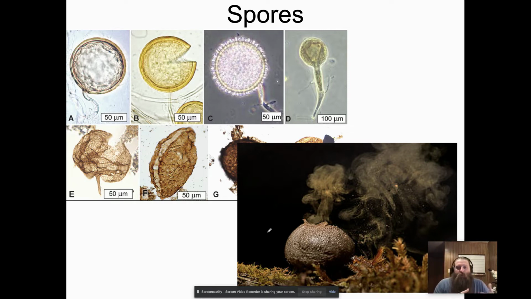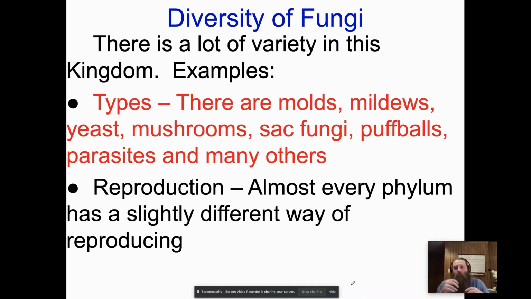Spores are unique to their fungal counterpart, so they're great for identifying what kind of fungus you're looking at. You're probably familiar with spores if you ever kicked a puffball. So here's a puffball, right? You kick it, and the spores come out like a big dust cloud. So you've probably seen one of those before.